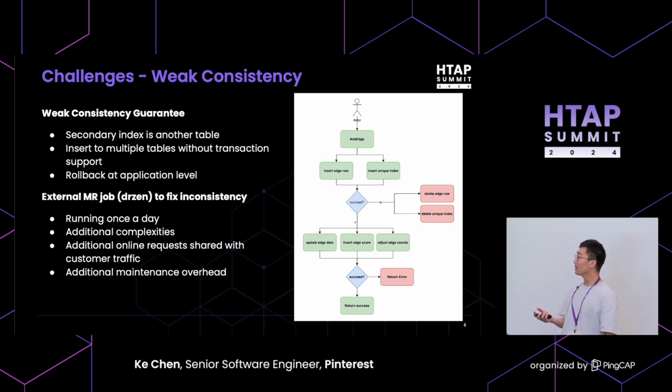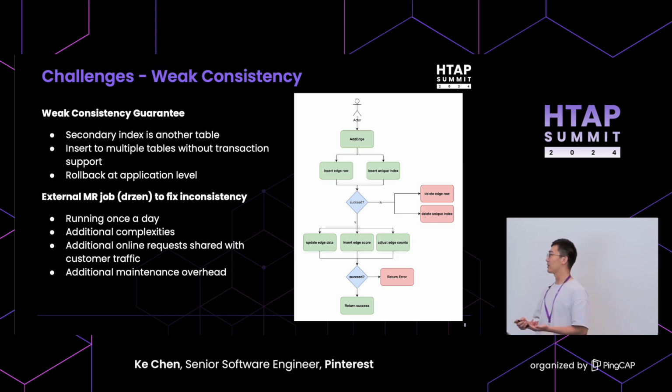So that's why we have an external MapReduce job, Dr. Zen, as we showed before, that runs once a day, and tries to snapshot the source table and snapshot the indexing table, compare them with each other to see if anything is missing or anything is redundant, then issue fixing queries to try to fix them.